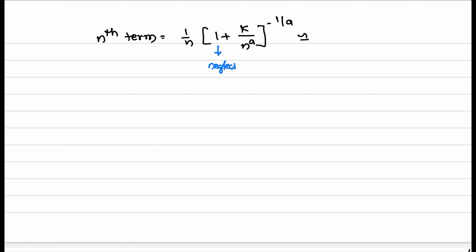Let us say we are taking the approximate value. This will be 1 by n into k to the power of minus 1 by a divided by n to the power of a into minus 1 by a. This will be equal to k to the power of minus 1 by a.